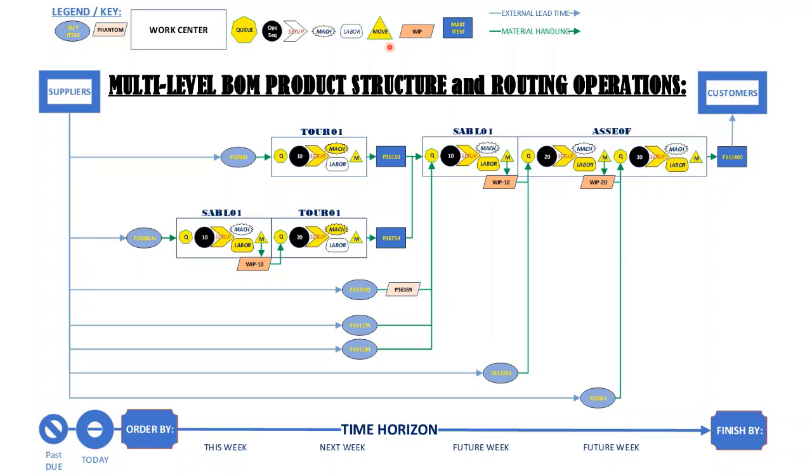And then as we move this work in process from one operation to the next, or through the routing to finally finish and have a make item in inventory. In the product structure, material handling functions are shown with the green arrow, and external lead time is shown with the blue arrows.